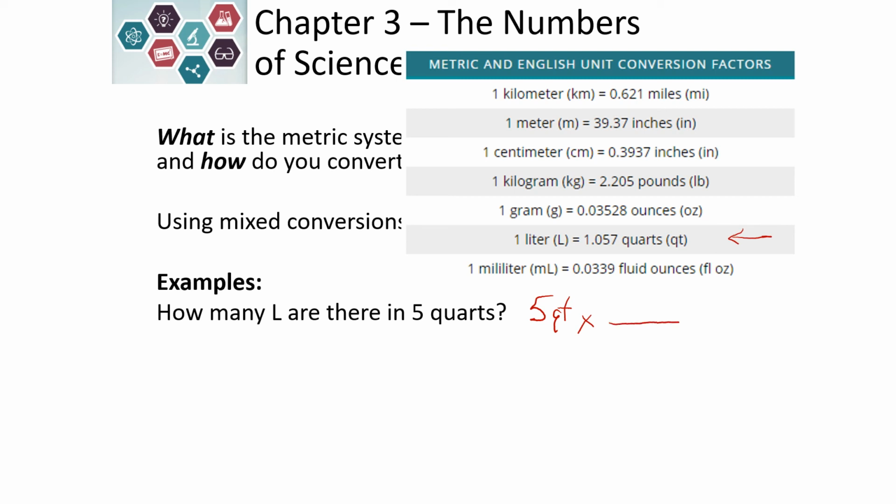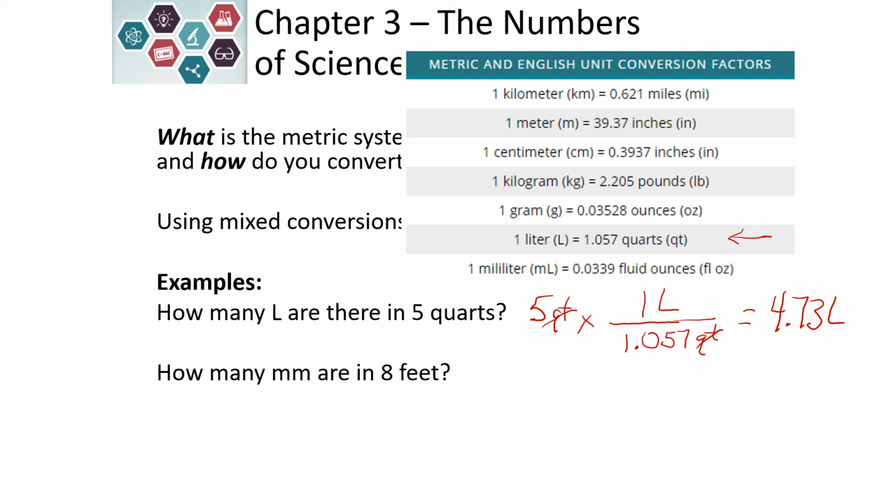We want our quarts to cancel, so we put the number with the unit on the bottom, the 1 liter on top. Our quarts cancel, and we've converted to liters. Multiply across the top, divide by anything on the bottom. Our numbers are pretty close, but a quart and a liter, the values are fairly close to each other.